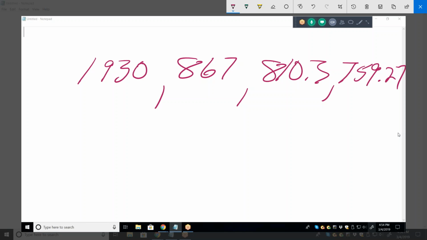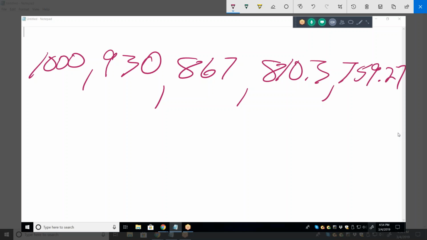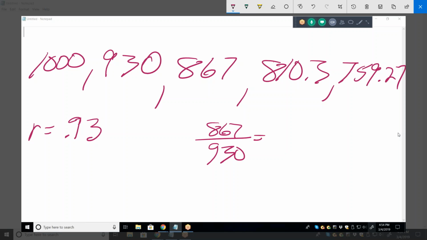But clearly they're not the same here, because if we divide the third term by the second term, we don't get that same ratio. Wait, the first term is 1,000 and then the second term is 930. Now, that might work. So the question is, that is 0.93, looks to be the common ratio, but is 867 divided by 930, what's that equal to?